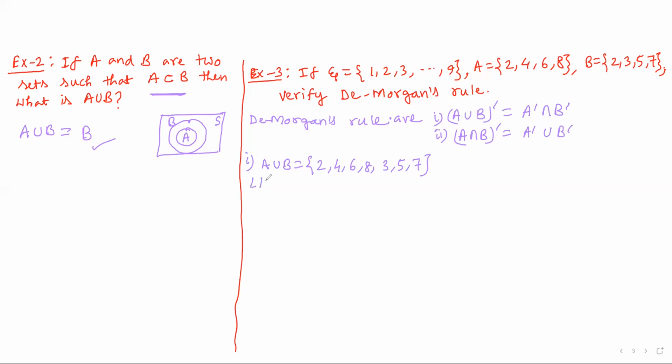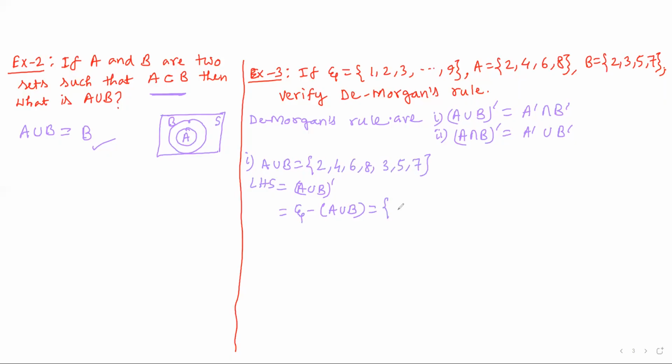Now the left hand side portion is A union B whole complement. So A union B whole complement means, we know that, from the universal set we have to remove A union B. This is the definition of complement. So the universal set contains 1, 2, 3 up to 9.